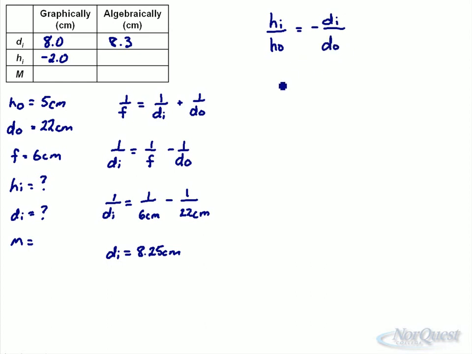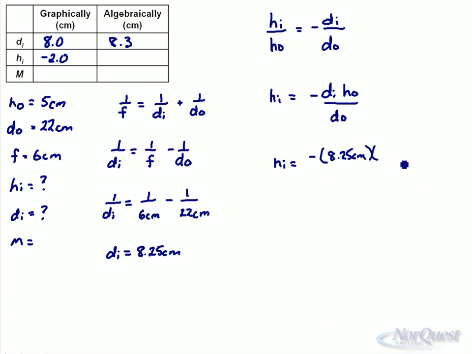We're going to solve this for hi. So hi equals negative di ho over do. Put our numbers in. Negative di was 8.25 centimeters.